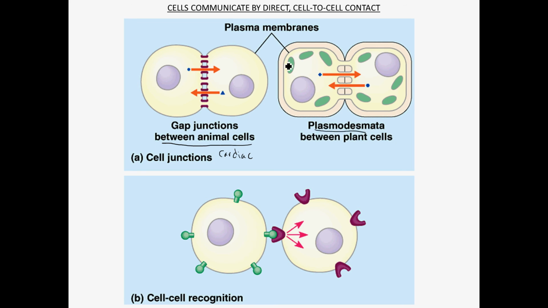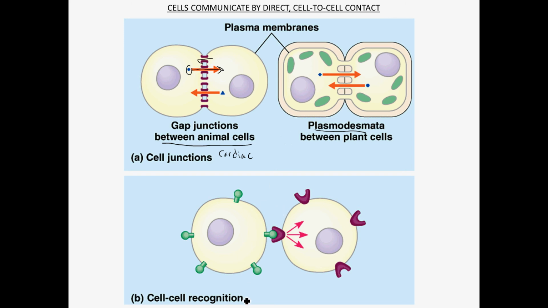In this case the cells are connected to one another via these little cytoplasmic bridges, and molecules are able to just freely diffuse from one cell to the next, and they don't have to cross a membrane or anything like that. So this is another mechanism of cell-to-cell communication.